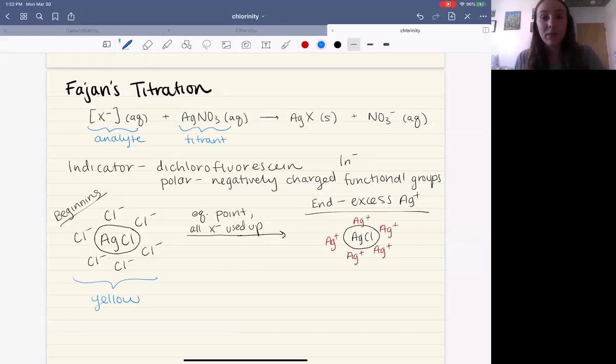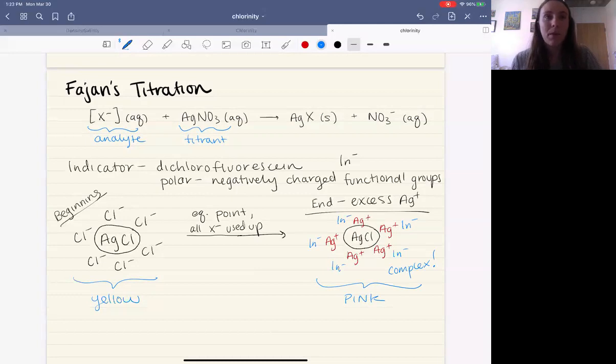But now, at this final state, we have extra positively charged silvers, and those are going to complex with the indicator. Okay, complex. And this new complex is going to look pink. So when you do this titration, you're going from yellow to pink.